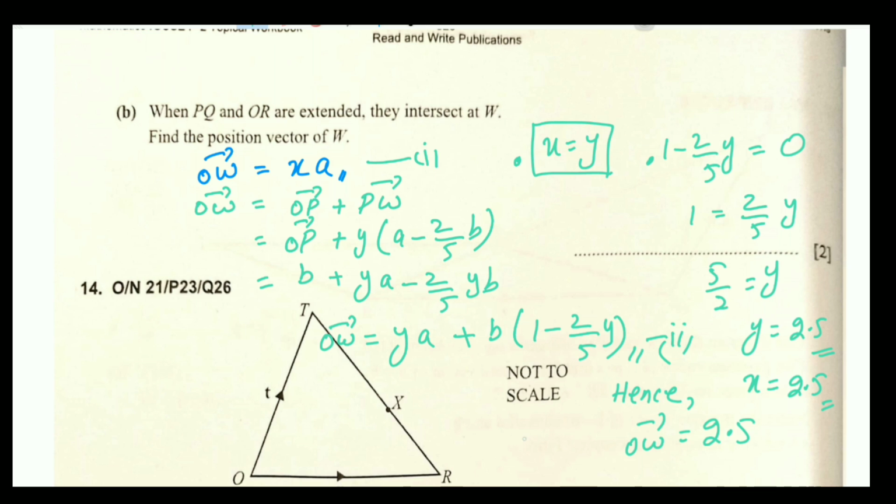So if X is equal to 2.5, then we put it in equation number 1, it will become 2.5 A. So OW is 2.5 A. This is the final answer.